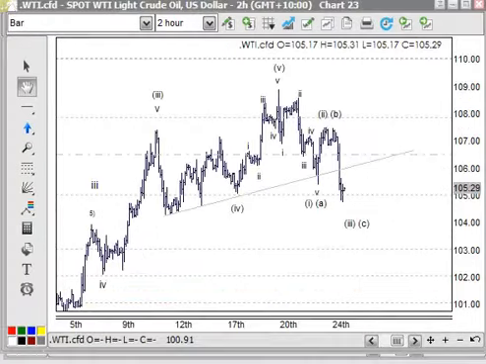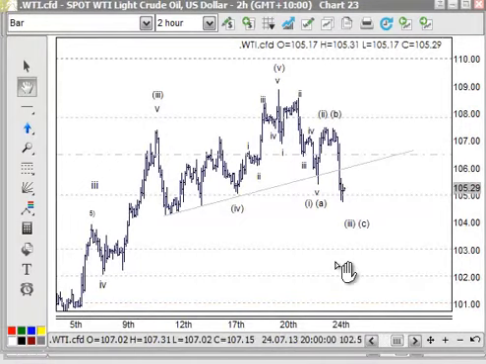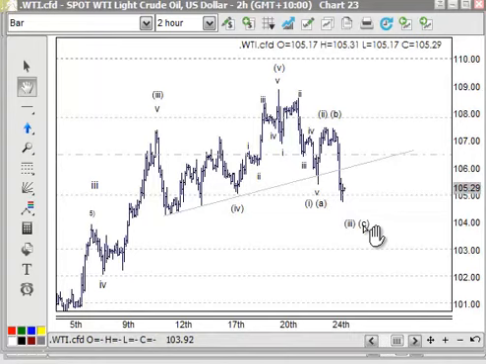Okay, just starting with oil here, it seems to have panned out pretty much how we thought that it would. What we don't know now is that this move down through here, the bias would be wave A, wave B, and wave C, rather than down for 1, back for 2, and down for 3.